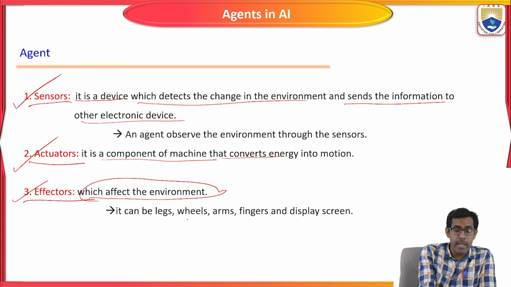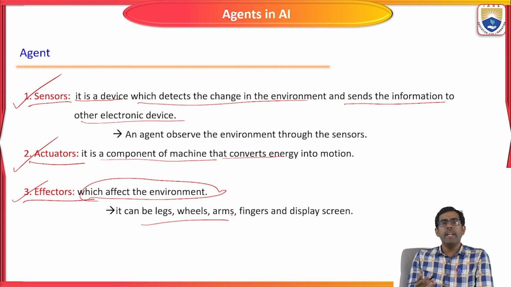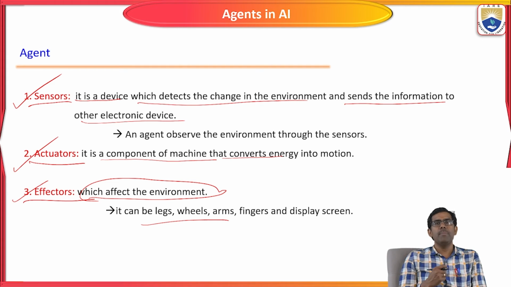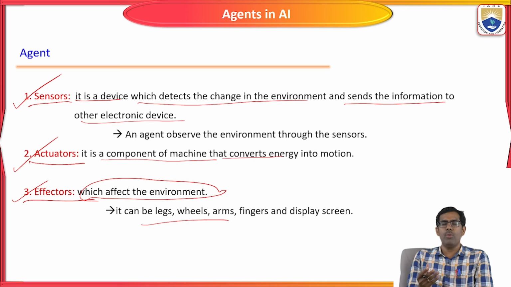Okay, so it can be legs, or wheels, or arms, or fingers, or motors, or display screens in your personal computer. So those will be the effectors of your artificial intelligence, based on your sensor and actuator.